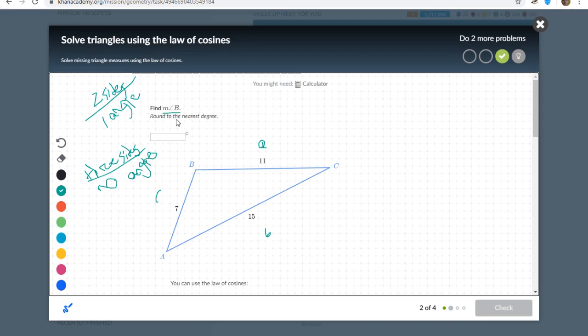We want to find the angle of B, so we want to find this value here. What we have to do is use the B equation.